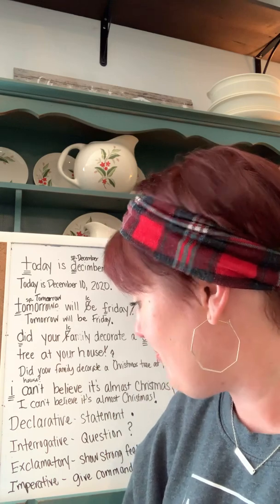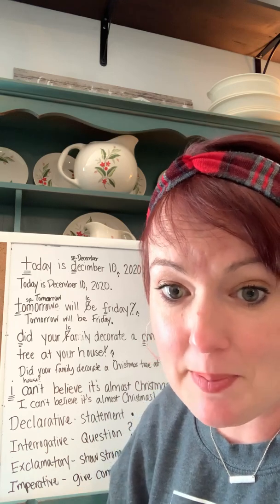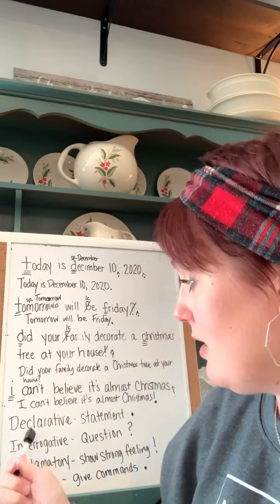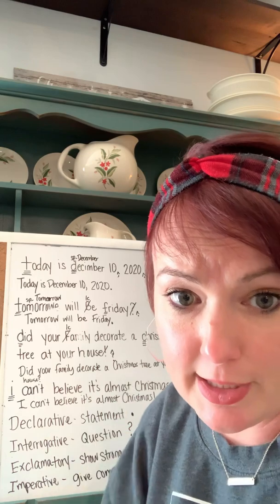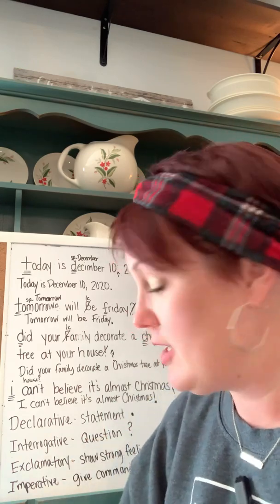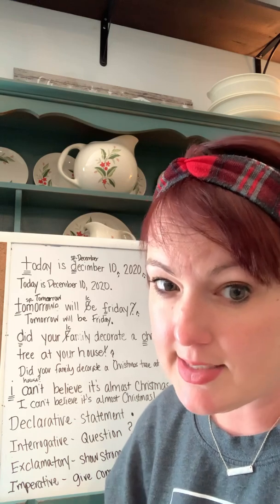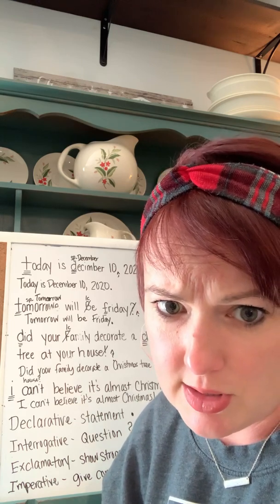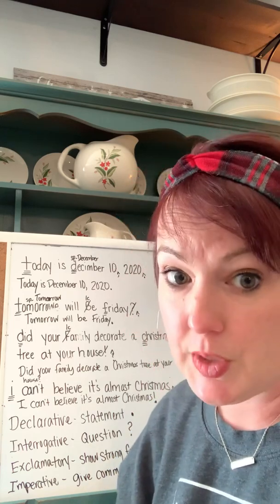If you have any questions, you can shoot me a text or an email. I'll be happy to answer them. But remember, very important to remember, declarative makes a statement, ends with a period. Interrogative asks a question, like you're interrogating someone. Ends with a question mark.